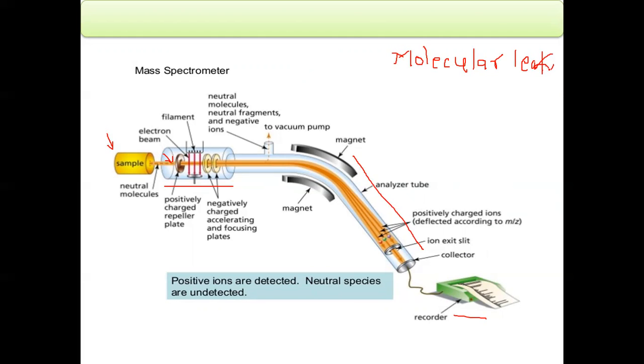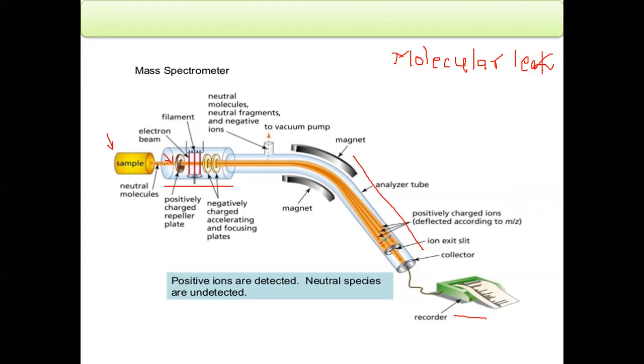Usually the inlet system, that is our sample reservoir and this small entrance, are partially evacuated so that the ionization chamber is at lower pressure than the sample inlet system. For a gaseous sample, there is no problem.